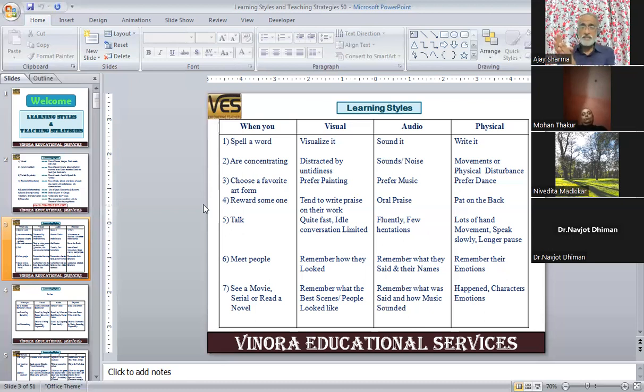But the physical ones, who are listening and also doing physically, will write it because they are using their two styles. Everybody basically has three major styles. So when I give you an exercise this evening, please do it and give me the results in writing.